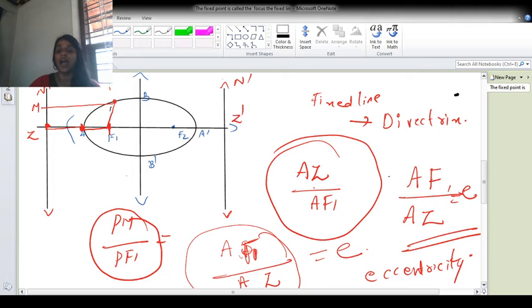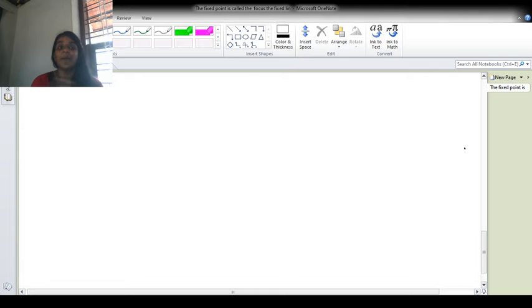This is the alternative definition of an ellipse: the set of all points for which the ratio of the distance from the fixed point to the distance from the fixed line is the same. Such points form an ellipse, and that ratio is called eccentricity.